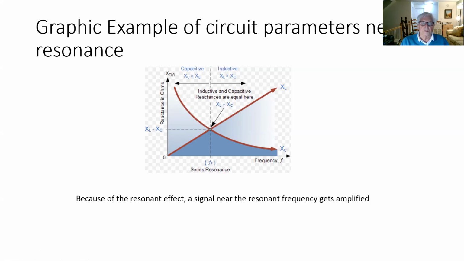So basically, if you're operating at a frequency below resonance, you have a capacitive circuit. If you're operating above that resonant frequency, you're operating inductively. And that's all that shows.